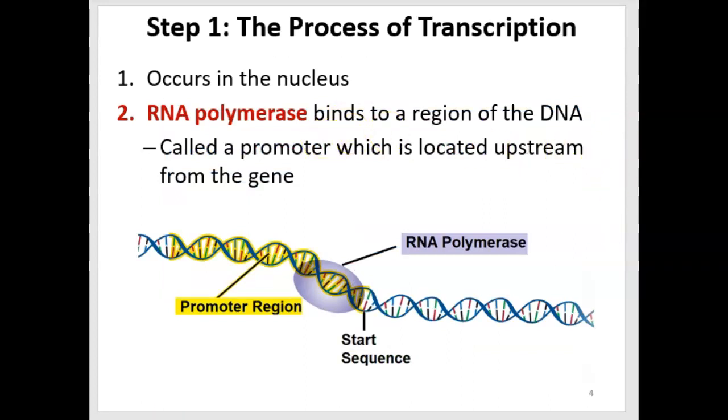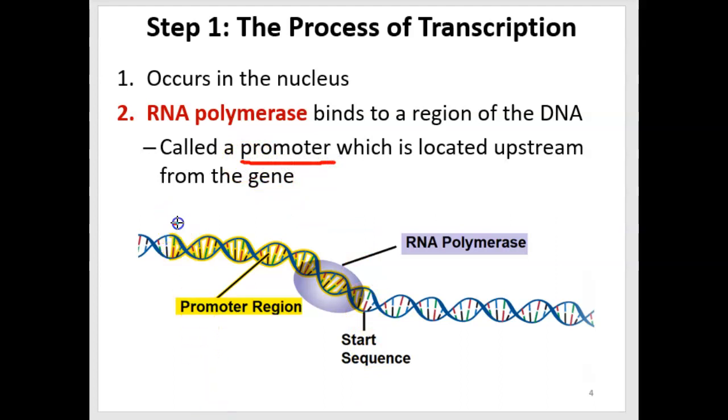It occurs in the nucleus, and there's an enzyme that binds to the region of the DNA to make the RNA copy. The name of the enzyme is RNA polymerase, and it binds to a region of the DNA called a promoter.